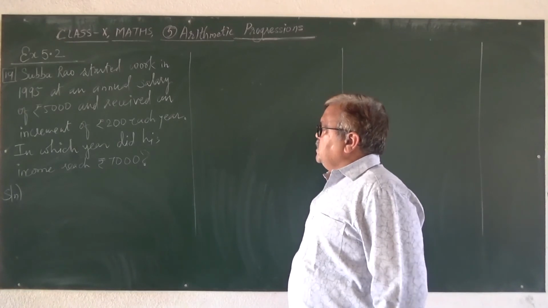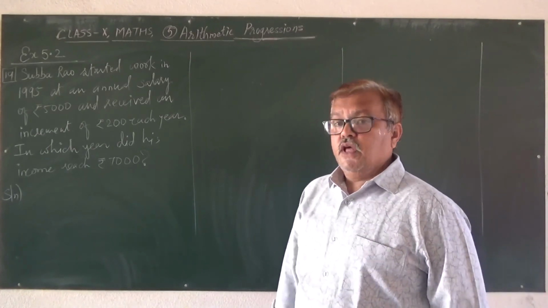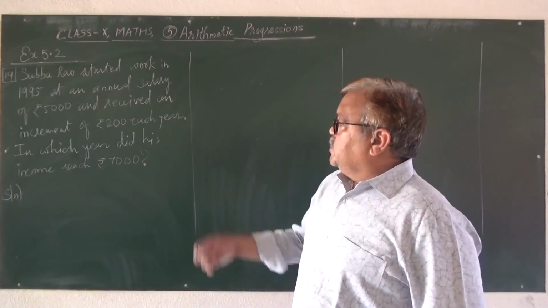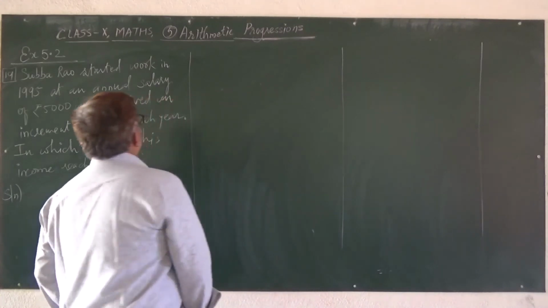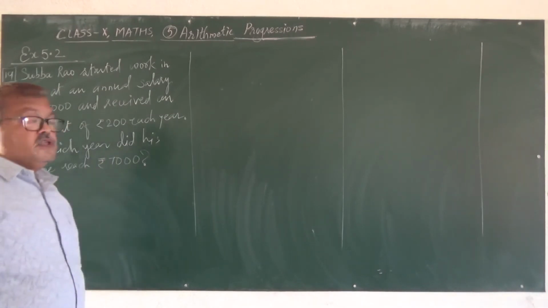In which year did his income reach rupees 7,000? This we want to calculate. So what is given here? An annual salary of rupees 5,000, and every year he will get an increment of rupees 200.